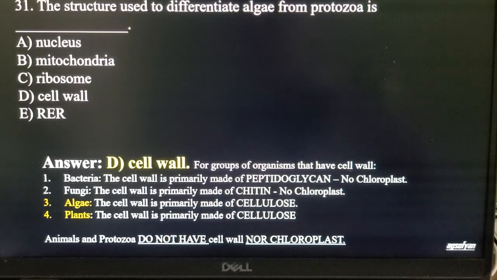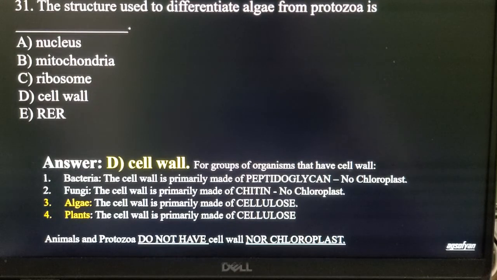Fungi also have a cell wall, but the cell wall is made of chitin, which is a protein. And then algae have a cell wall made of cellulose. And plant cells also have a cell wall made of cellulose.